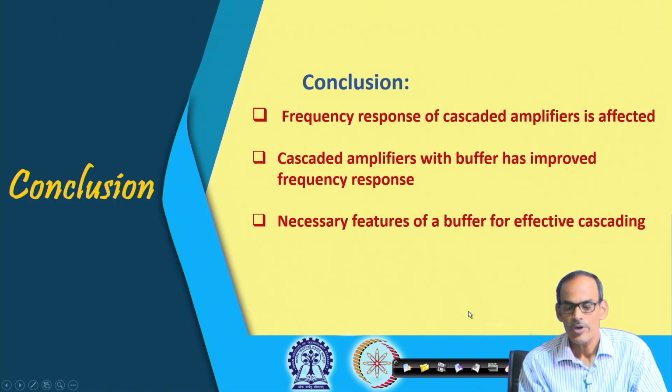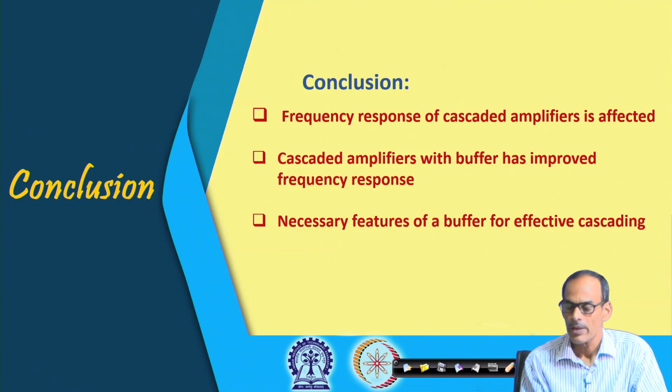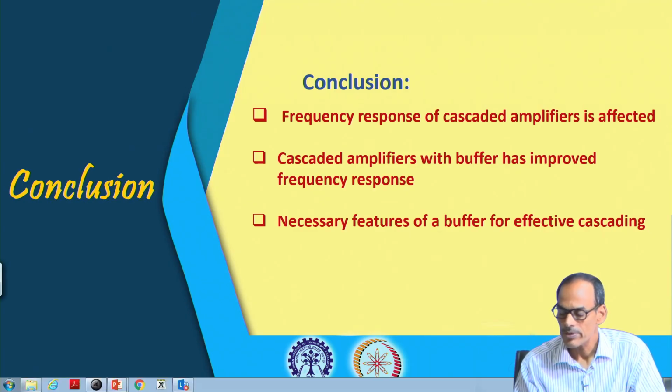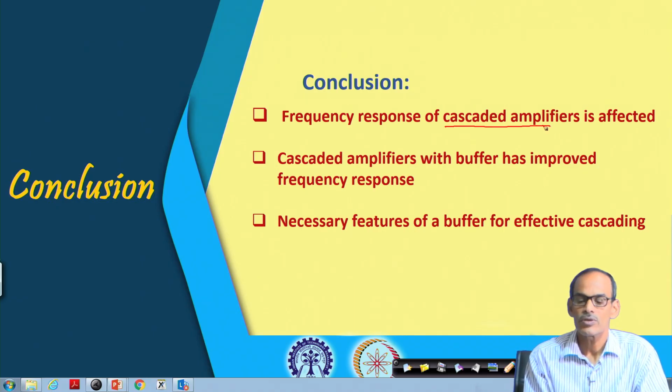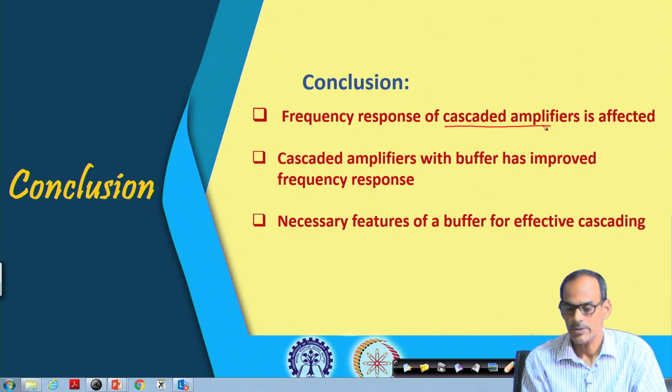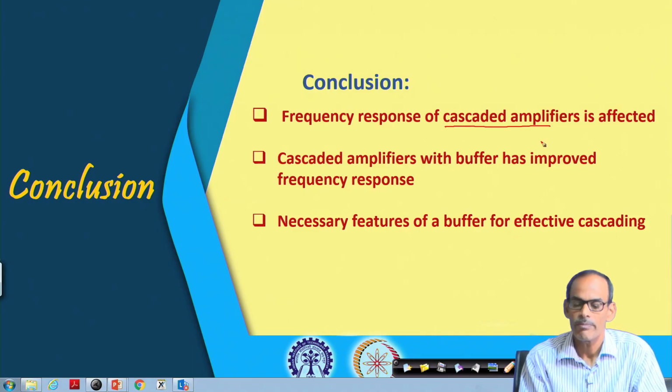What we are going to conclude now is that the common emitter amplifier, we have seen, has some limitations, particularly whenever we are cascading. Not only its gain, but its bandwidth is also getting affected.